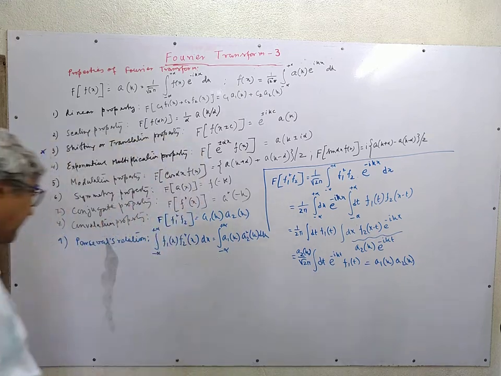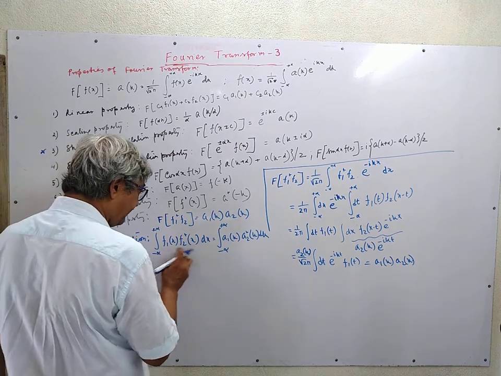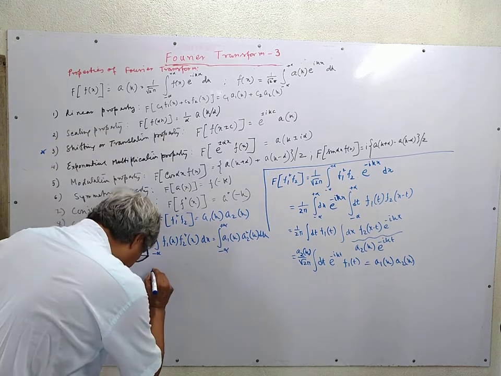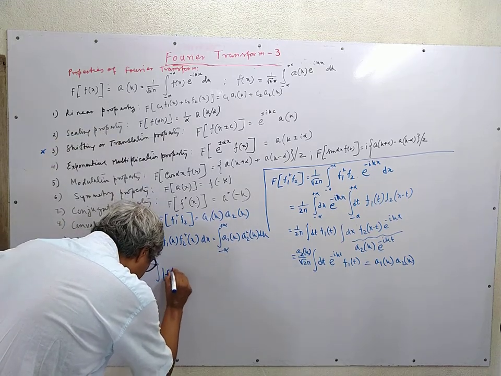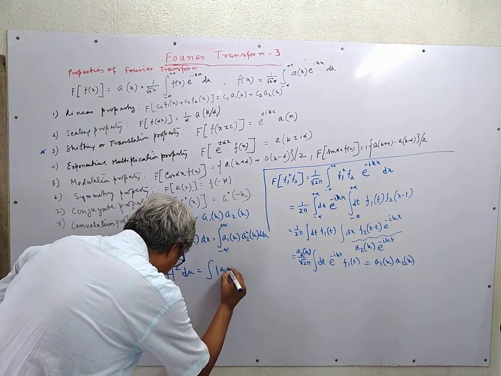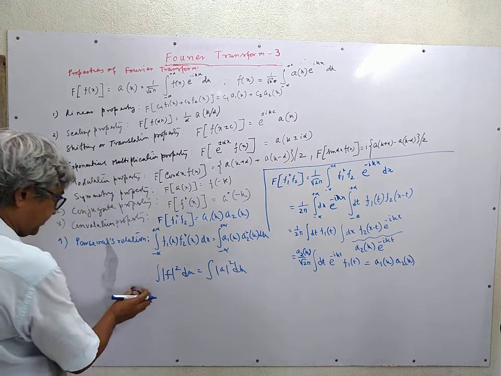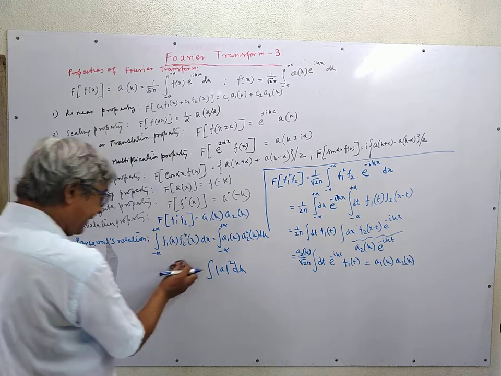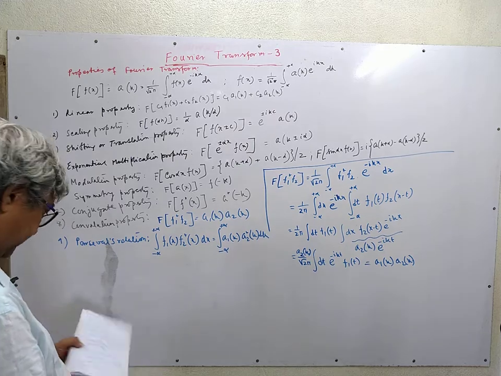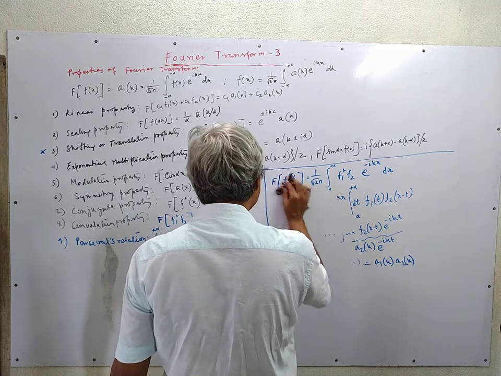Earlier we used Parseval's theorem for the modulus of a function, in which case f1 and f2 are the same function, and on the right hand side we get the integral of modulus of f of x squared dx equal to modulus of a of k squared dk over all space. That was the Parseval's relation we obtained earlier. Here the Parseval relation is just a generalization, which is applicable for two different functions.